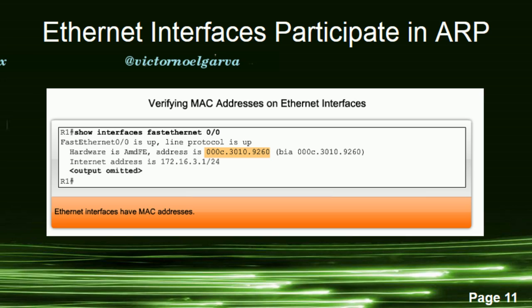The IP address and MAC address information is then added to the ARP table for that Ethernet interface. The router is now able to encapsulate the IP packet into an Ethernet frame with the destination MAC address from its ARP table. The Ethernet frame, with the encapsulated packet, is then sent via that Ethernet interface.